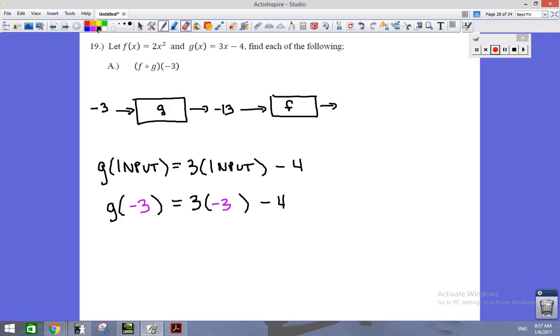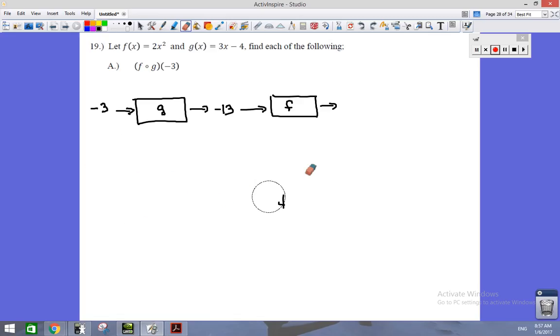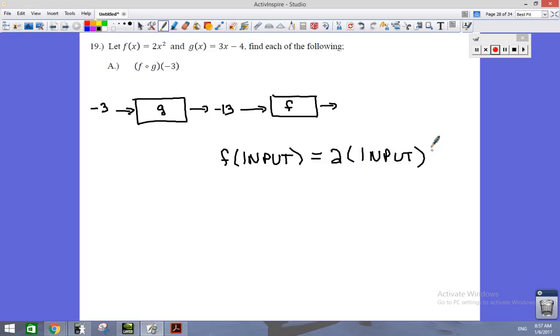All right, now that output becomes the input into f. Well, what is f's job? F's job is to always take the input, no matter what it is, whether it's a simple number like -13 or some crazy algebraic expression, and it's going to square it, and then it's going to double it.